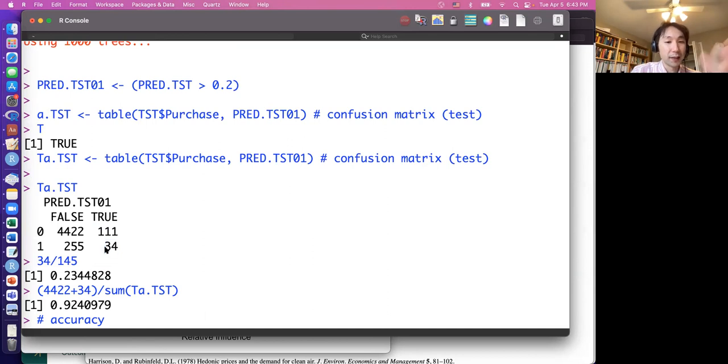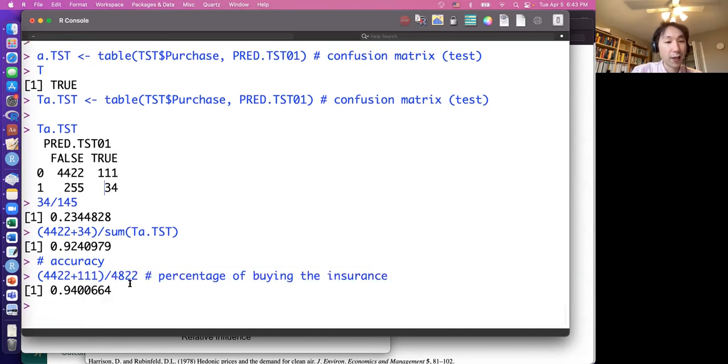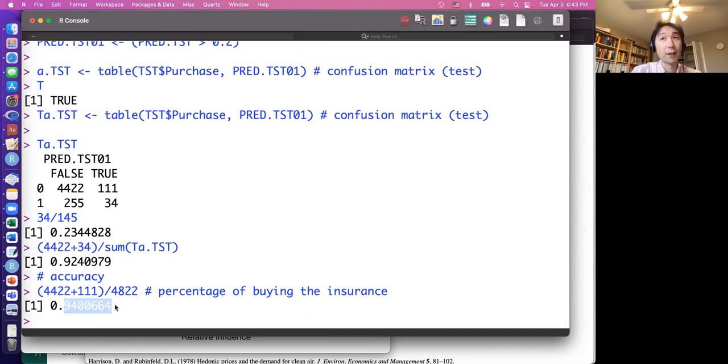That is 23%, much higher than the overall average of 6%. So accuracy and error rate aren't uniformly the best measure to evaluate the model. In this case, certainly this prediction makes sense.